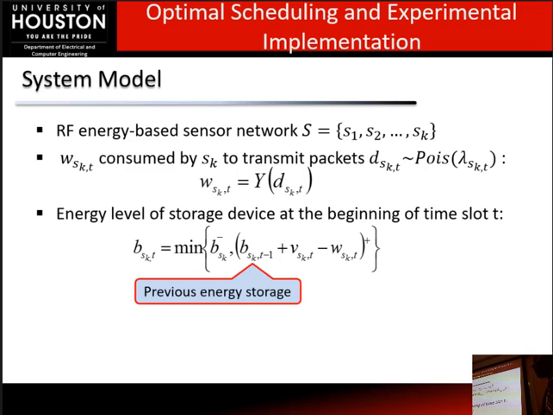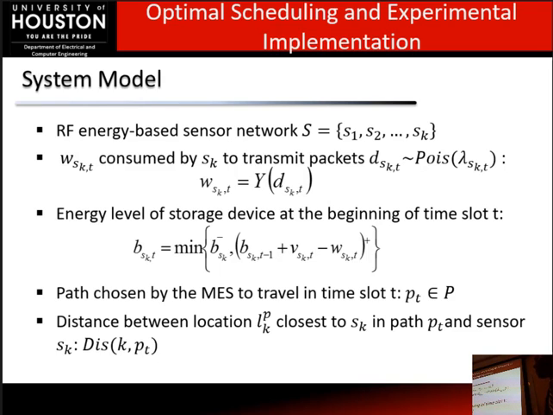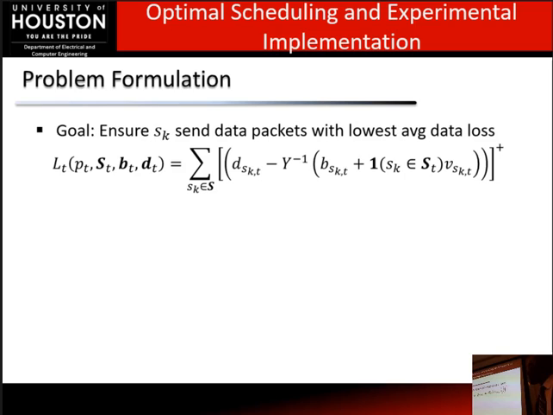So it is basically the energy storage at the previous step plus the energy received by the mobile energy station minus the energy used for transmission. The path chosen by the MES is a PT, and the MES can only charge the sensor when it is at this distance. So this is the problem formulation.